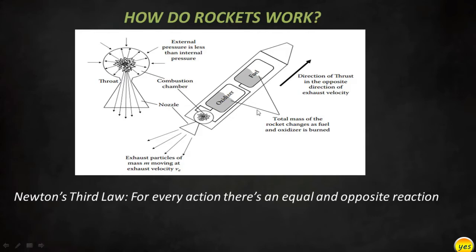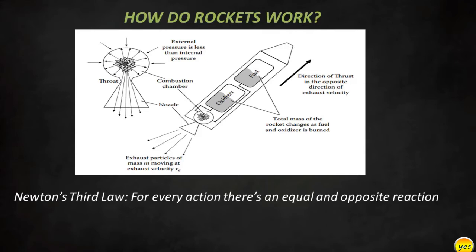These propellants will mix together inside the combustion chamber, and then they get ignited, so they will burn, and therefore after they burn, they will get heated up. After heating them up, now they will vaporize and we've got hot gases inside that combustion chamber.